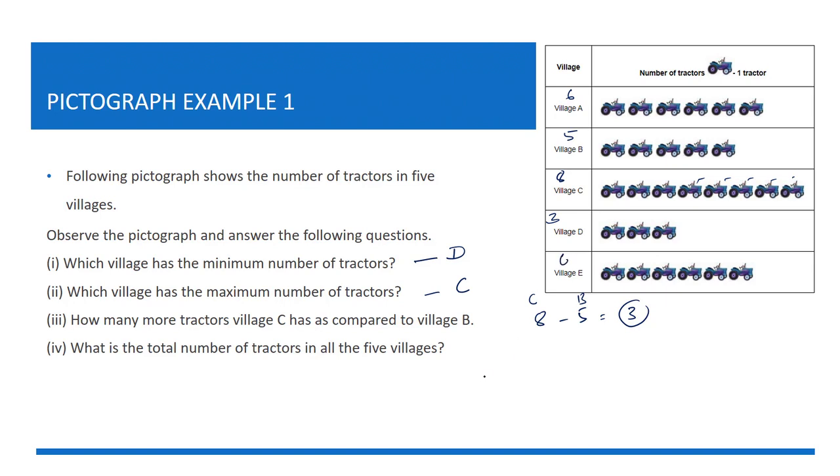Now add it, that is 6 plus 5 plus 8 plus 3 plus 6. 6, 5 plus 6, 11, 11 plus 8, 19, 19 plus 3, 22, 22 plus 6 is 28. Correct, no? So there are 28 tractors in these 5 villages.